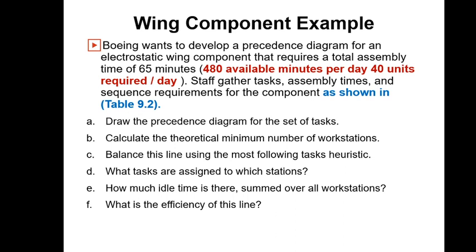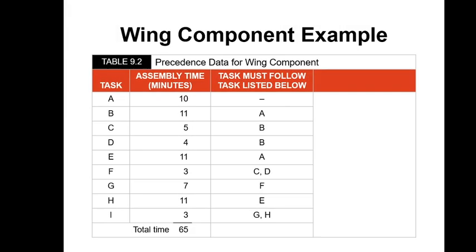Now staff gather tasks, assembly times, and sequence requirements for the component as shown in table 9.2, and we will see this table in the next slide. These are the requirements. Later on you will understand all of these requirements. Let's see the given.